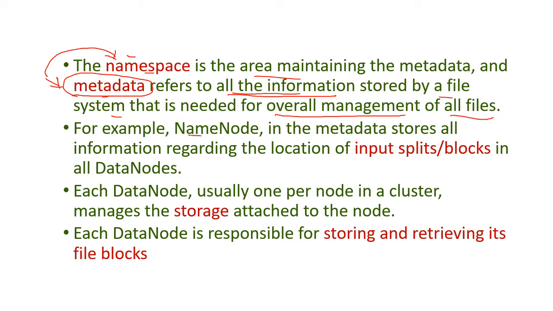For example, the name node metadata stores all information regarding the location of input splits or blocks. A very huge file will be divided into a number of blocks and those blocks will be stored in data nodes. Each data node, usually one per node in a cluster, manages the storage attached to that particular node, and each data node is responsible for storing and retrieving its file blocks.